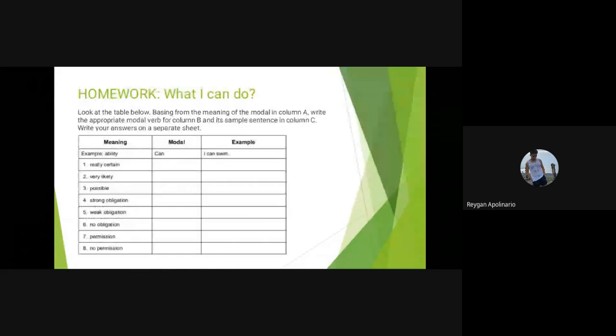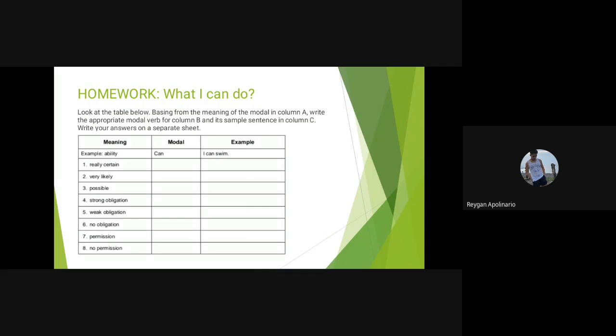this is your homework. Look at the table below. Basing from the meaning of the modal in column A, write the appropriate modal verb for column B and its sample sentence in column C. Write your answer on a separate sheet of paper. I have examples here. There are three columns: the meaning, the modal, and the example.